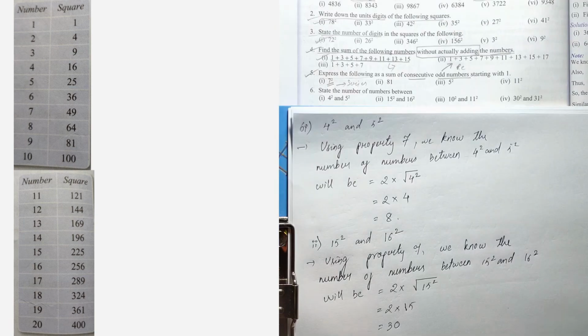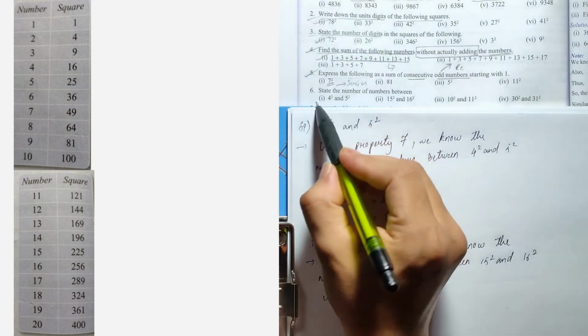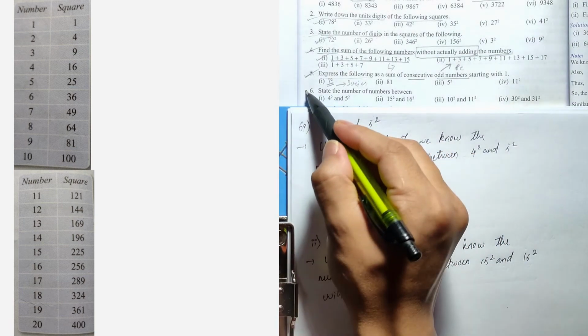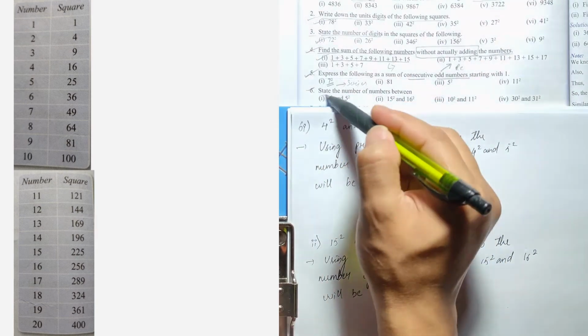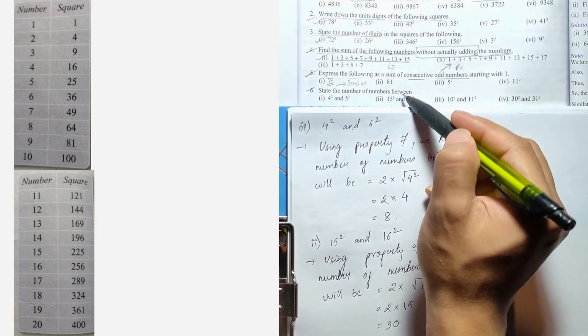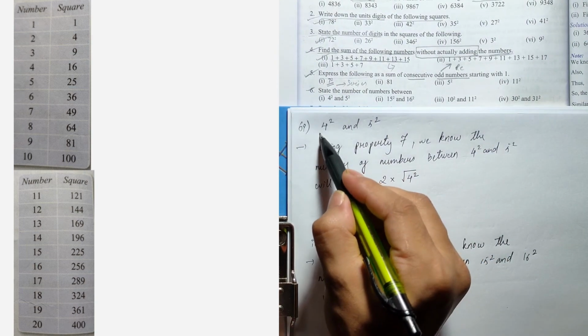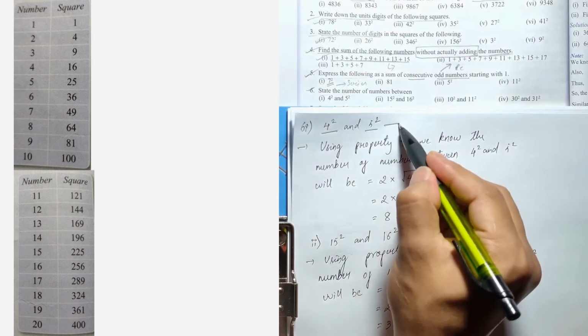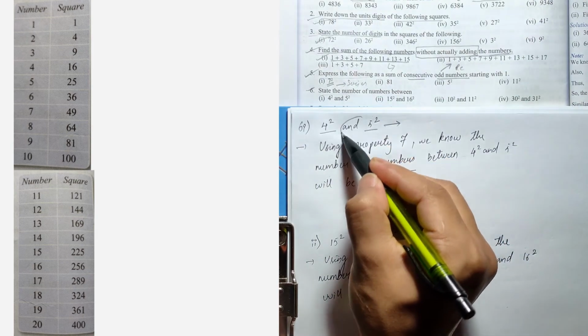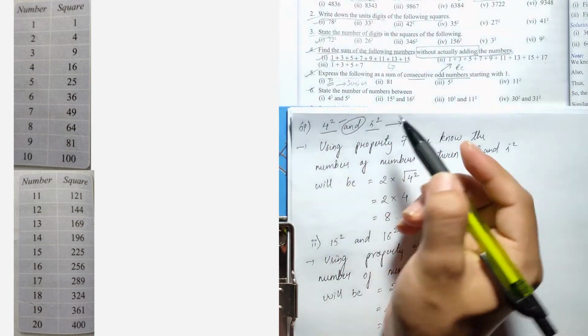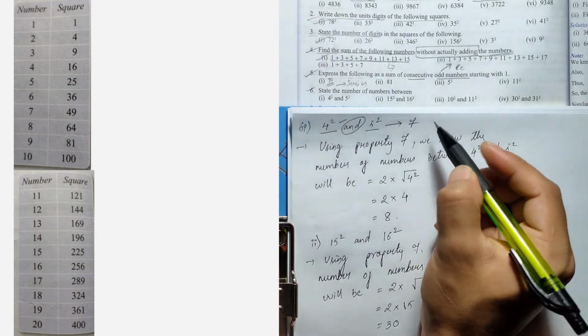Let us now see the last type of numerical for this video. State the number of numbers between 4 square and 5 square. From here we know that to find the number of numbers, we have to use property number 7.